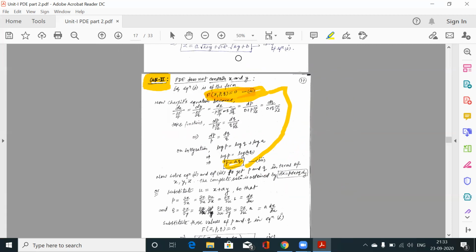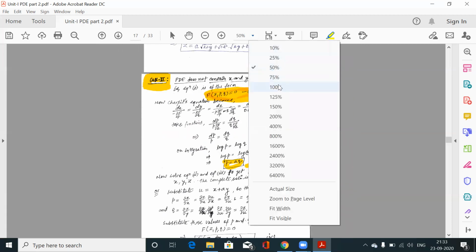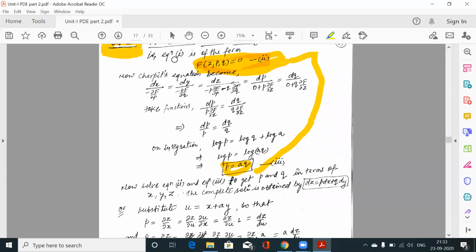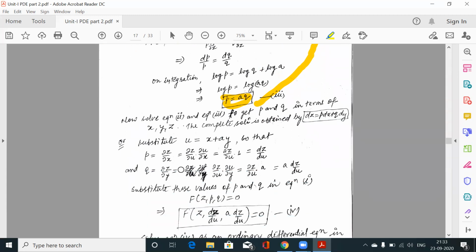There is also one alternate. Alternate means if you know that the given PDE is in the second form, in standard form 2, then we can use a substitution to get the solution. This is also one possibility. You have to take a substitution like u is equal to x plus ay.